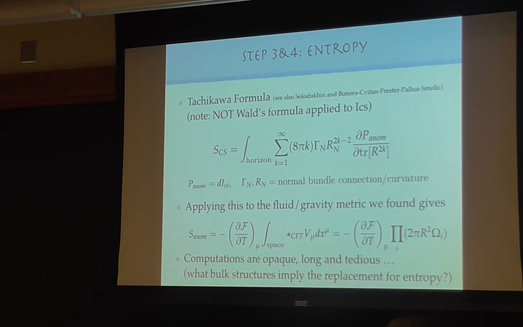Okay, last slide. There's something that I haven't talked about, which is entropy, because I started with black hole entropy, and so I should finish with black hole entropy. If you have worked with higher derivative theory before, you know that there's a Wald entropy formula. In GR, that's the area function. In higher derivative theory, you have to take the derivatives of the Lagrangian with respect to the Riemann tensor.